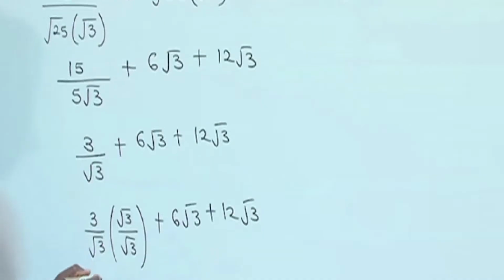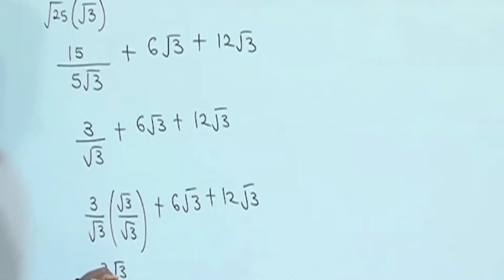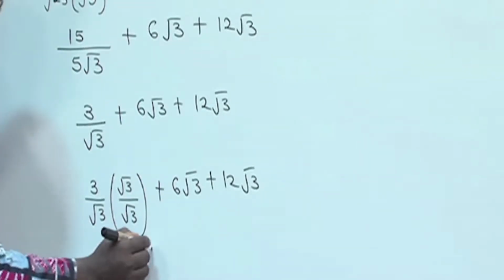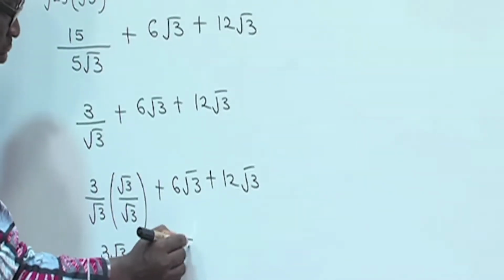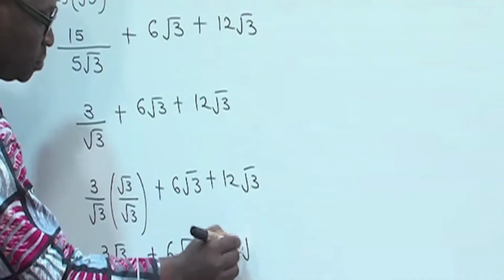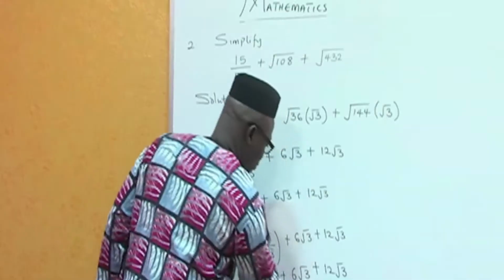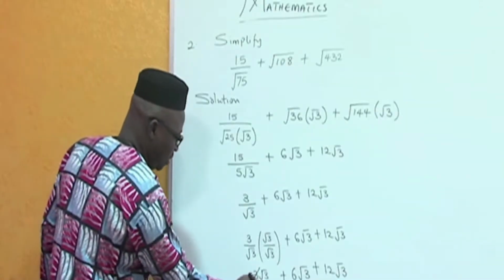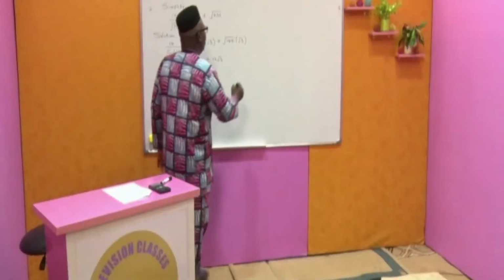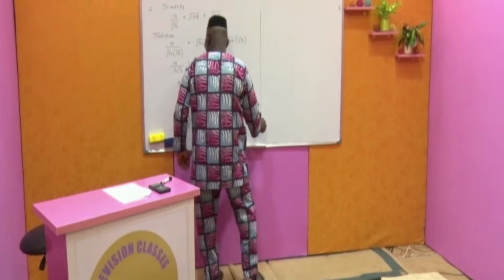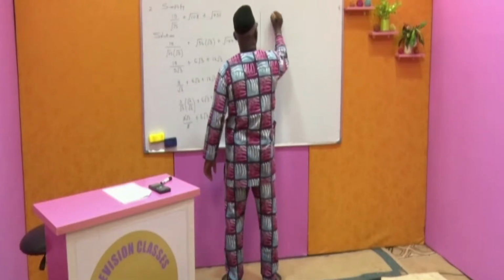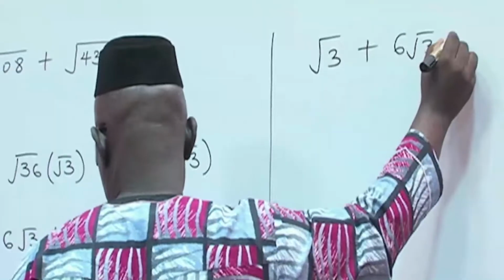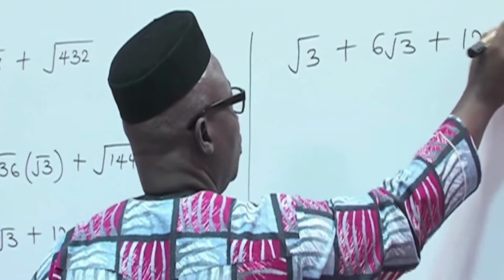This multiplied by this will be 3 root 3 divided by root 3 times root 3, which is going to be 3. Then plus 6 root 3 plus 12 root 3. So at this point, 3 can cancel out 3. So I'm going to be left with root 3 plus 6 root 3, then plus 12 root 3.